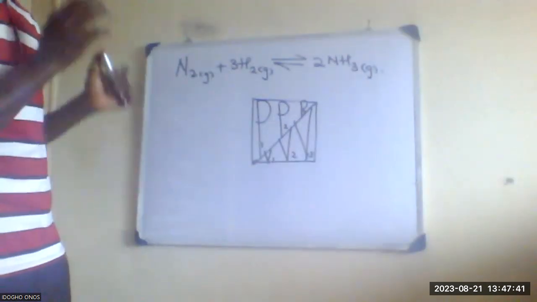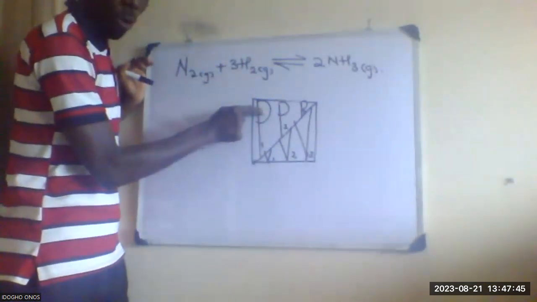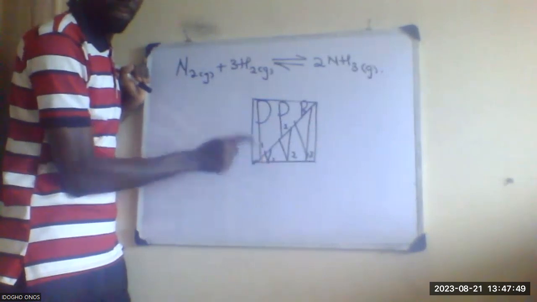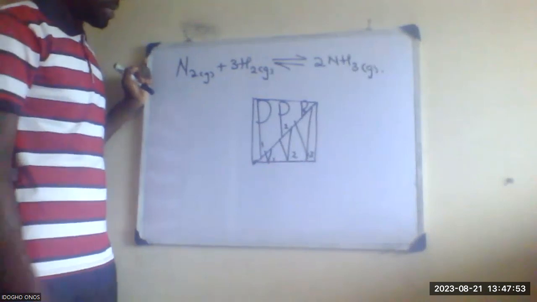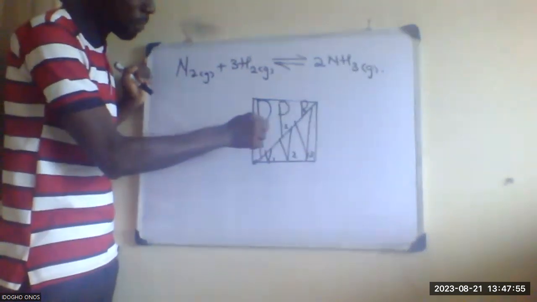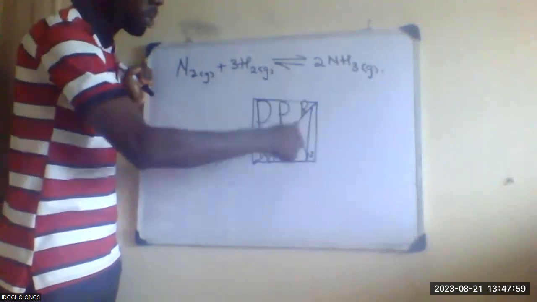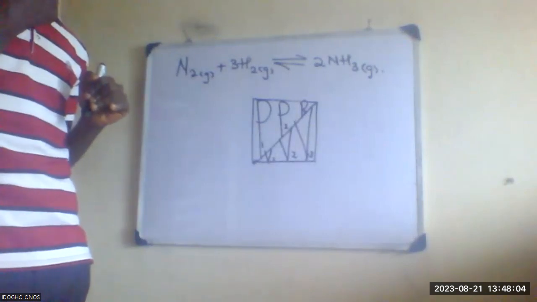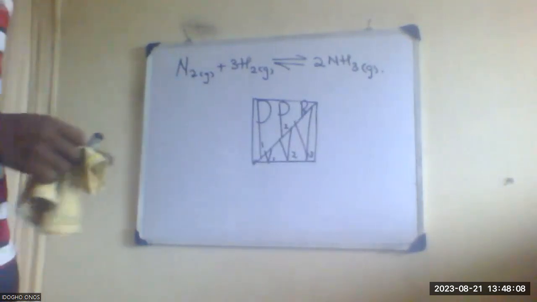So that simply means this: once there's an increase in pressure, it favors the side with a smaller volume. Once there's an increase in pressure, it favors the smaller volume. And when there's a decrease in pressure, it favors the side with the higher volume. Do you get that statement?